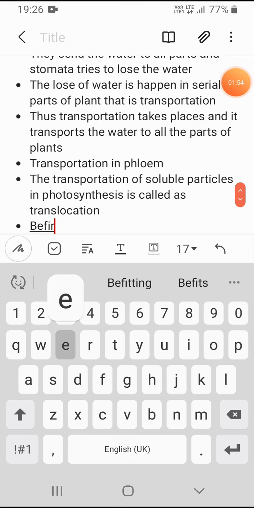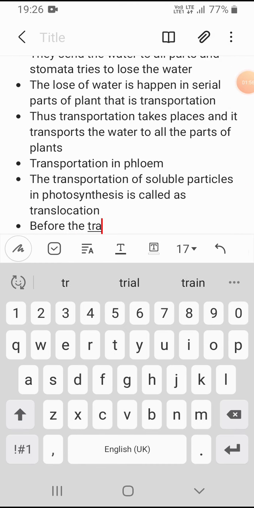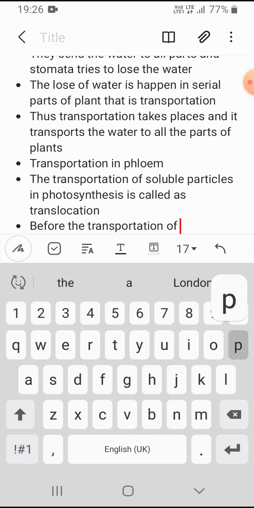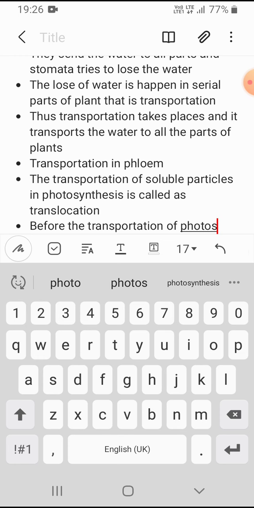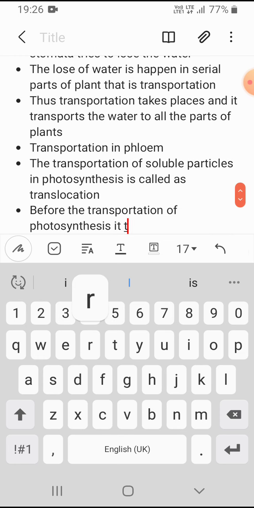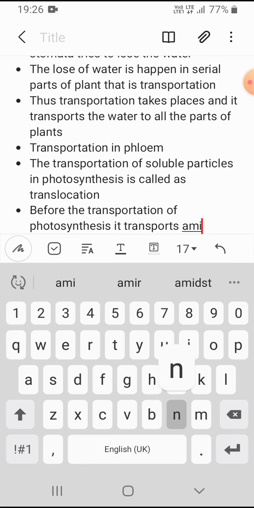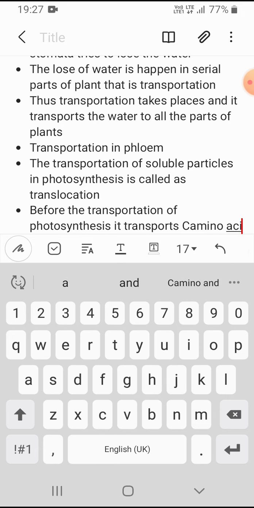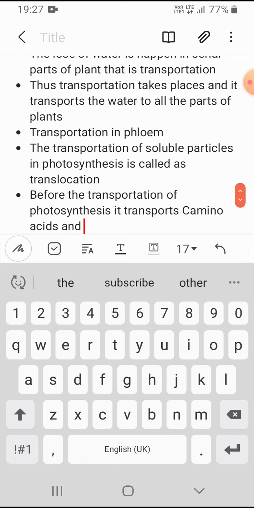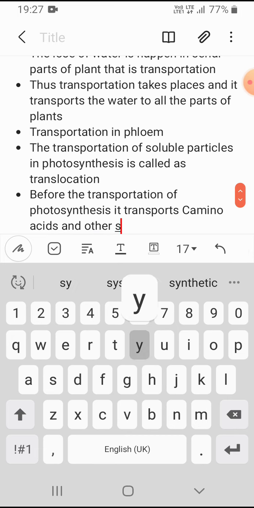So in the transportation of photosynthesis, it transports amino acids and other substances.